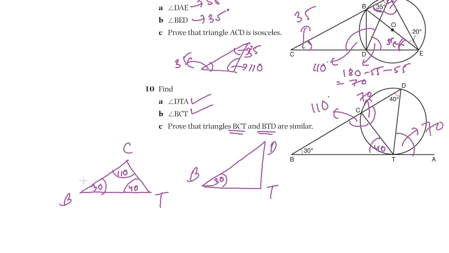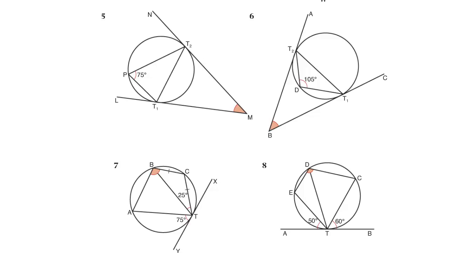So we can say this angle and this angle are the same. Now we know this is 40, this angle D is 40. So we can say this angle and this angle are the same. So when we have two angles the same, then the third angle would also be the same. So thus it's similar triangles.